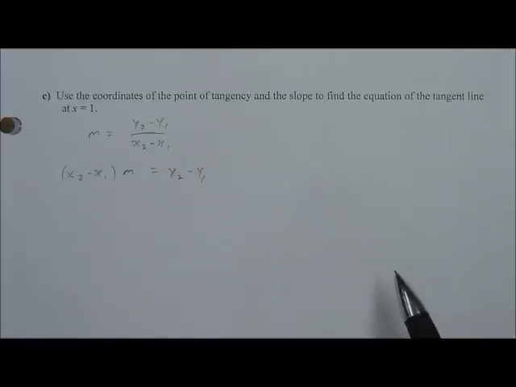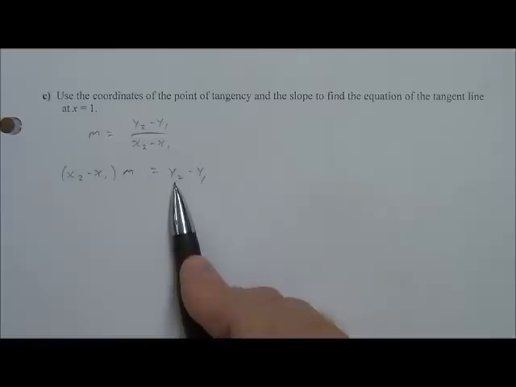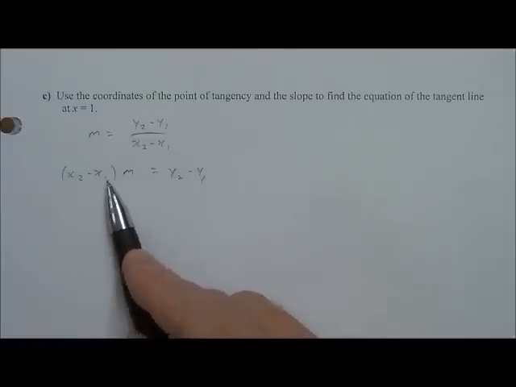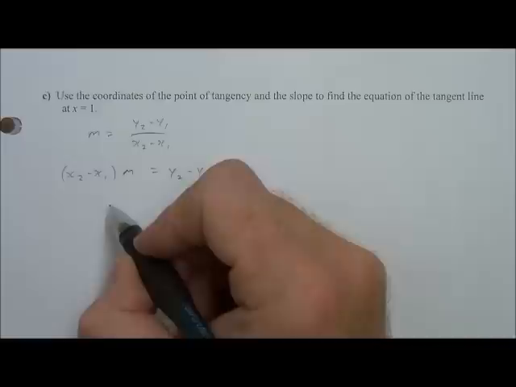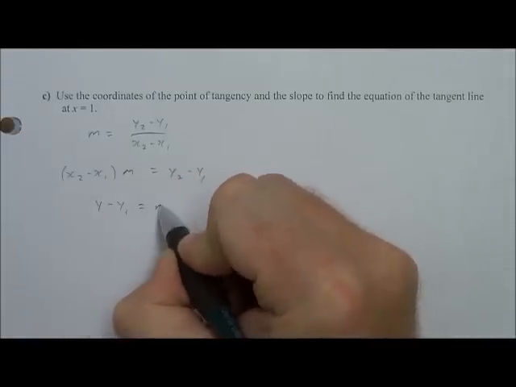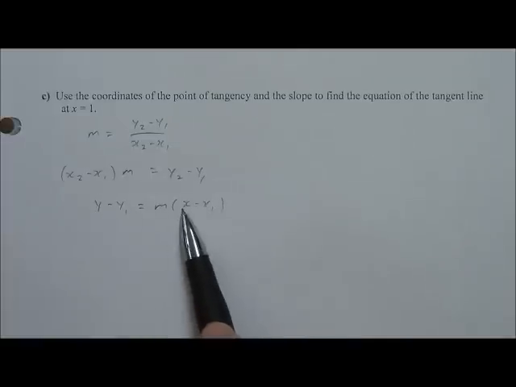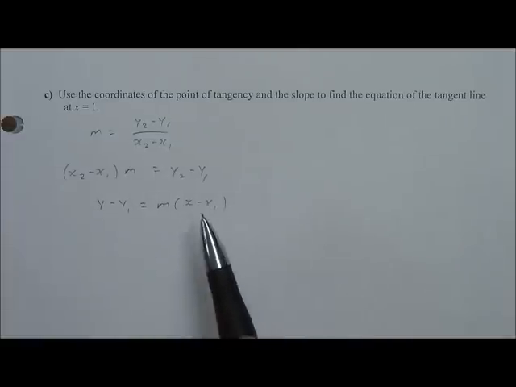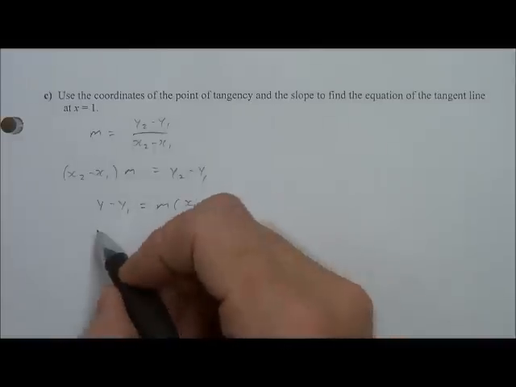So if we're looking for an equation, we can make these x2 and y2 some general point on the line, x and y, and the x1 and y1 will be our specific point. So I'm just going to now rearrange this, turn this around, so we get y minus y1 equals m times x minus x1. So x and y are the coordinates of the general point, and we've got x1 and y1 here. So now we're just substituting the values.